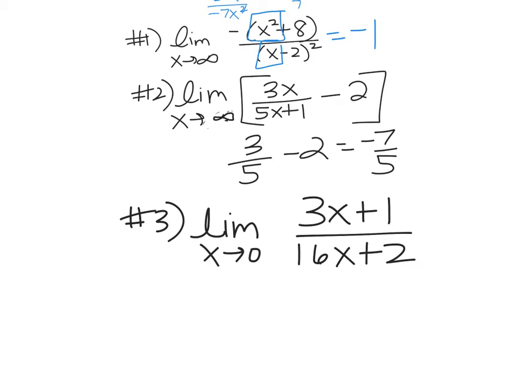The answer is not 3 over 16, is it? We're not going to infinity. We're going to 0. You're going to 0, plug 0 in. Right? So the limit would be 1/2. But people are so used to seeing these rational functions, they just think it's, oh, okay, it's leading coefficient over leading coefficient. But that would be if I was going to infinity, but I'm not. I'm going to 0. Okay? So that would be 1/2.